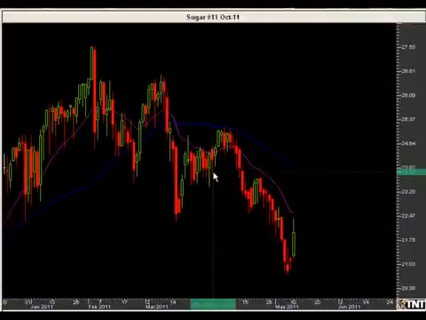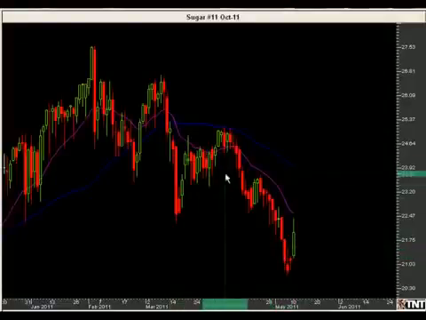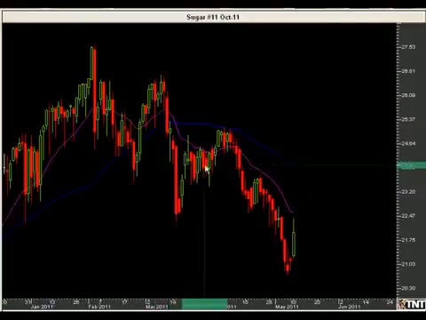So the big question then becomes, how can you identify the consolidation phase, and how can you identify the trend phase? And that's what this particular video is going to be about. Now, the consolidation phase itself is not bad. The consolidation phase occurs after a trend, and it's the time when the market consolidates.